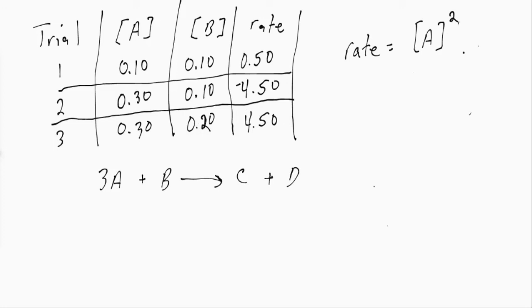So we immediately can state that B is going to be 0 order. We can just pick that up looking at the data.